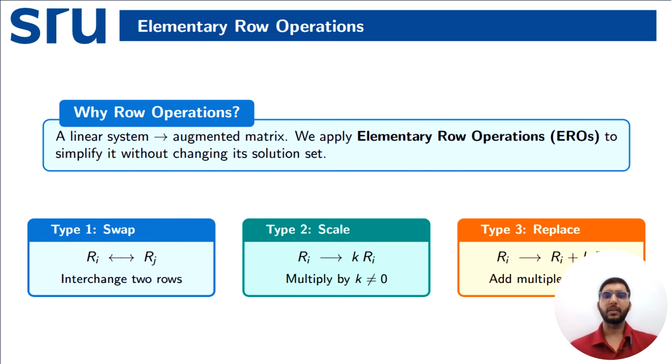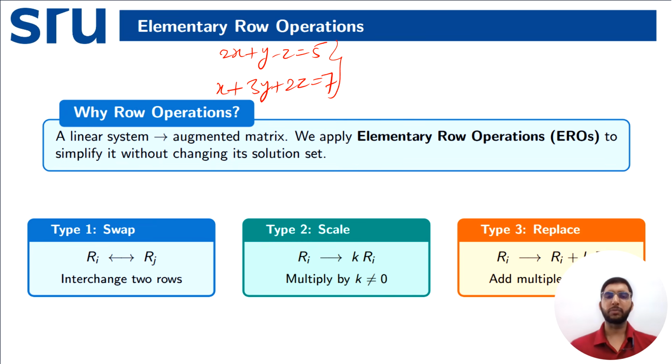For example, 2x + y - z = 5 and x + 3y + 2z = 7. We can represent these two equations with the help of matrices. But solving them directly from matrices is not as easy as it seems, so we will simplify the matrix using elementary row transformations.